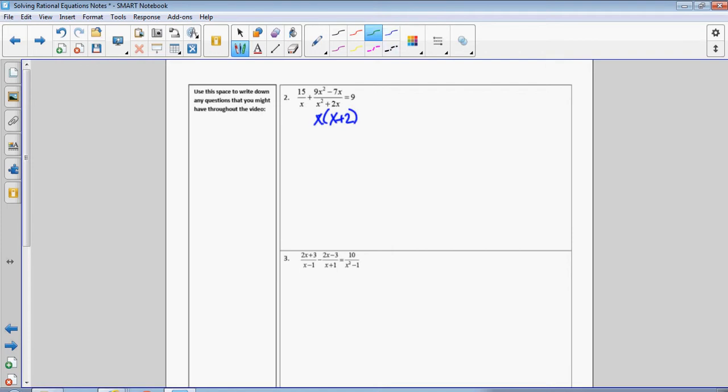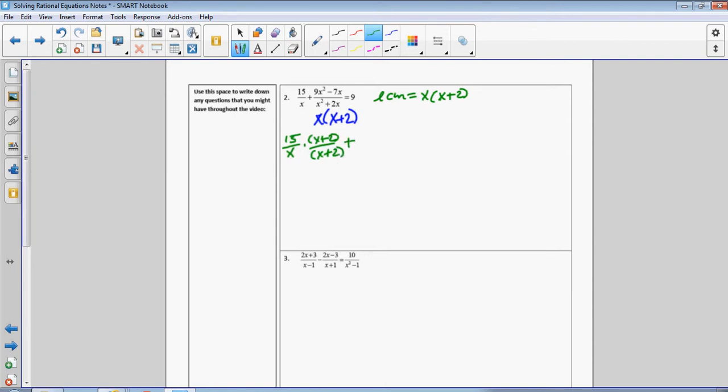And then our least common multiple of x and x plus 2 is x times x plus 2. So we need to make all of our denominators x times x plus 2. So if we have the fraction 15 over x, that fraction is missing x plus 2. So I'm going to multiply by that, x plus 2 over x plus 2.